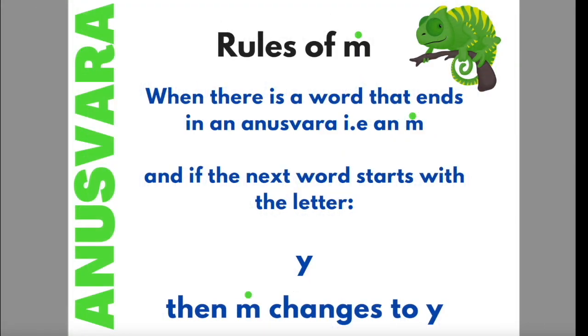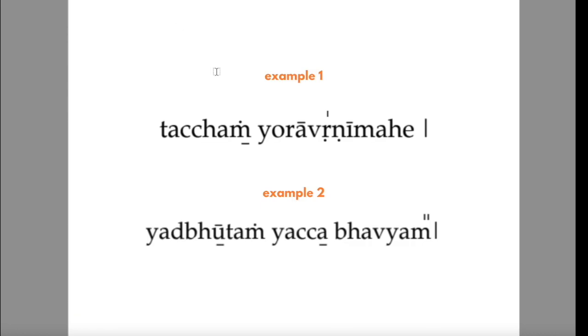Excellent. The last one, when the anuswar is followed by a word that starts with a ya, then that m sound also changes to a sound that resembles ya. Let's look at two examples from the Purusha Suktam and the Narayan Upanishad. Example 1, Tacham, Tacham yo.